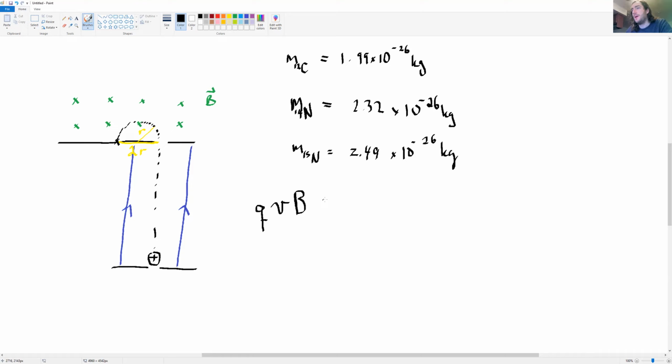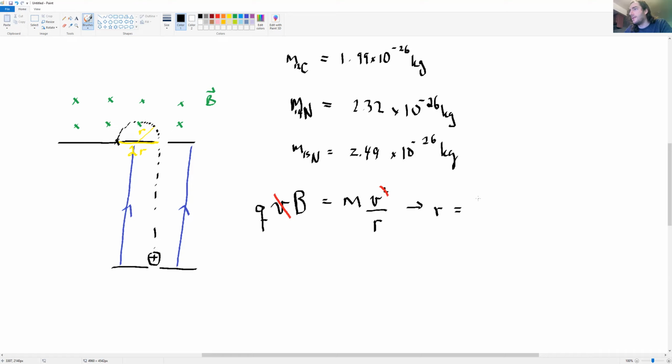So QVB has to be equal to mv squared over r. Now this is the centripetal force, right? Centripetal force is mass times centripetal acceleration, and that is mass times v squared over r. We can cancel a power of v, right? And then rearrange this and solve for r.